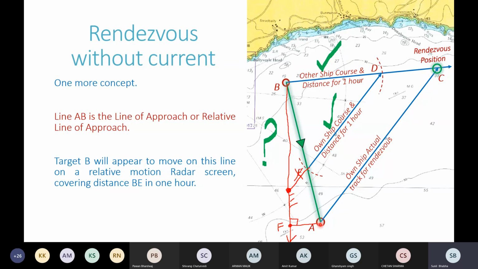Or in other words, our ship will be crossing ahead of the target ship. Our ship will be crossing from the target ship's bow, and the target ship will be crossing from our stern. That also can be seen as we draw this line of approach on the chart.